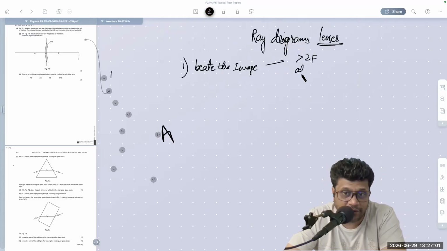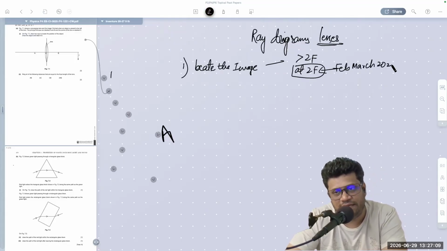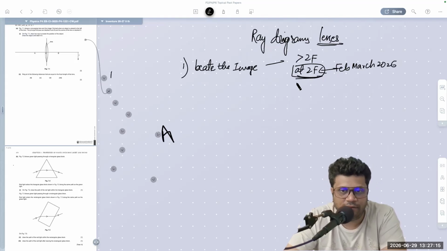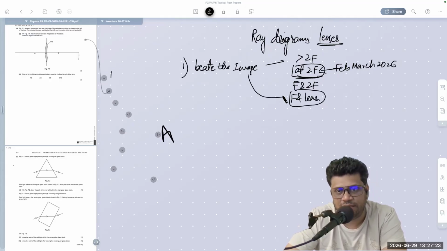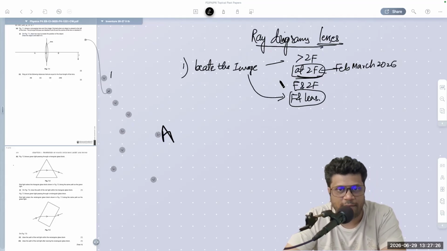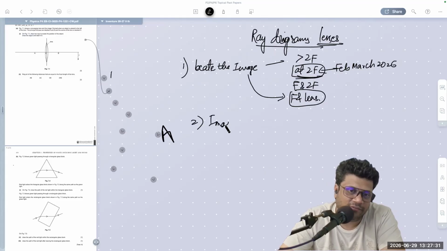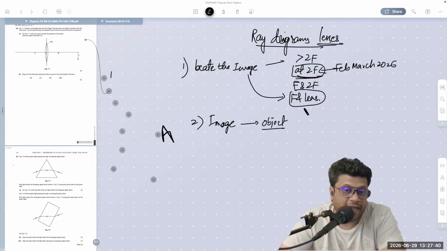It can be at 2f, which actually was seen in the Feb March 2026 paper; it was placed right at 2f. It can be placed between f and 2f. It can be placed between the focus and the lens. That's the most popular situation in case they give you a ray diagram to locate or create the image. Second is when the image is given to you, and an object is to be drawn. That's another kind of question asked with ray diagrams.